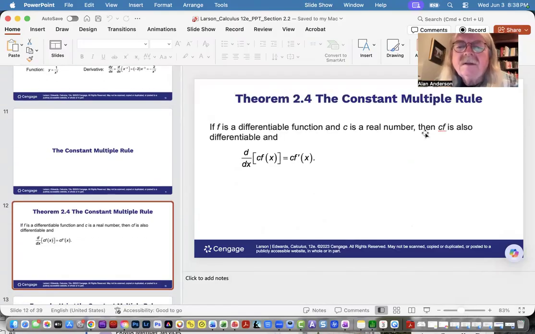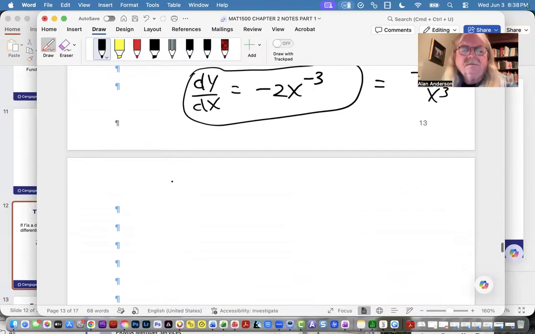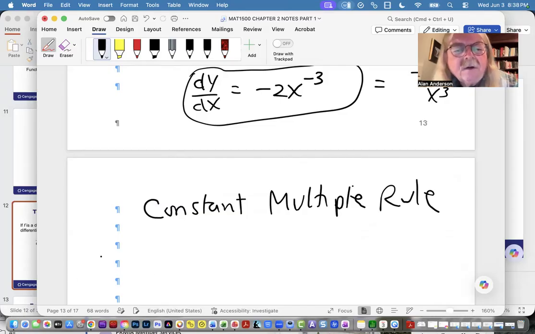Now what'll happen sometimes here is that they're calling it the constant multiple rule. If you notice what's different this time, it's not x that we're taking the derivative of.